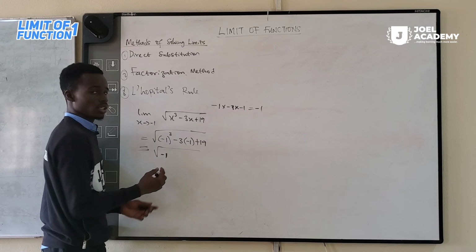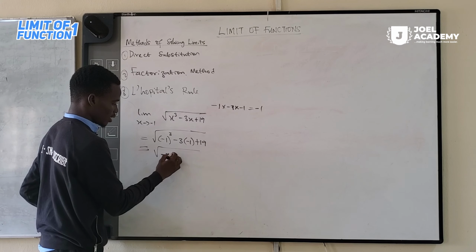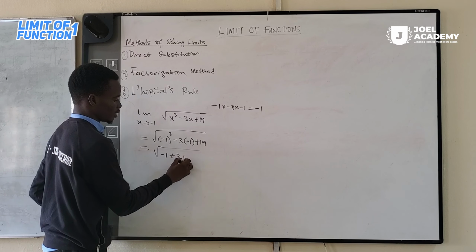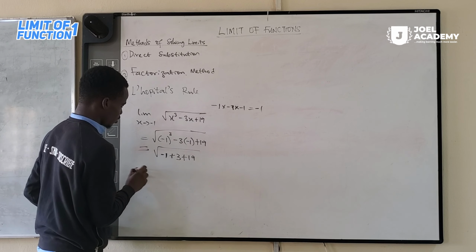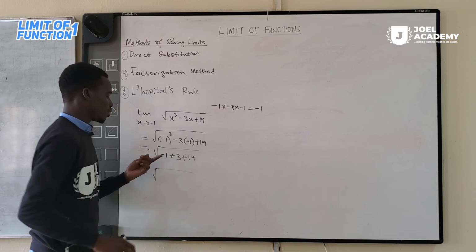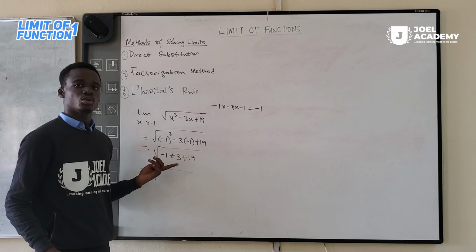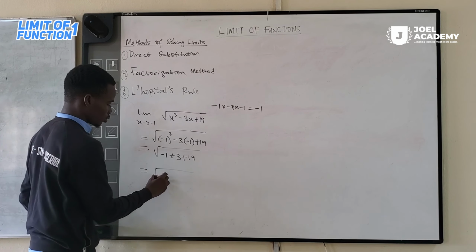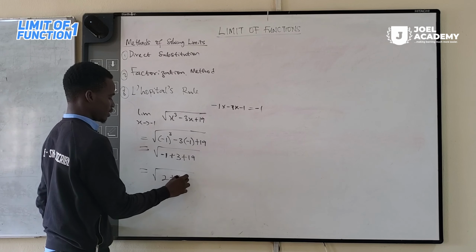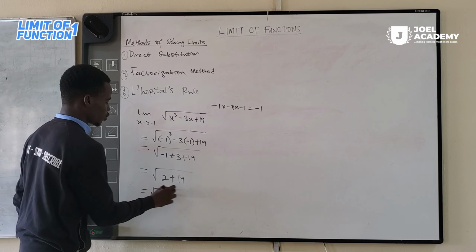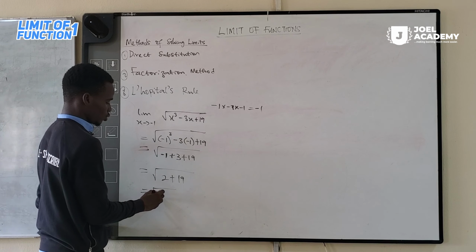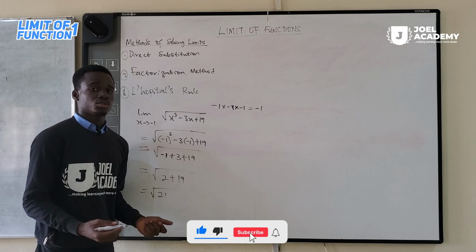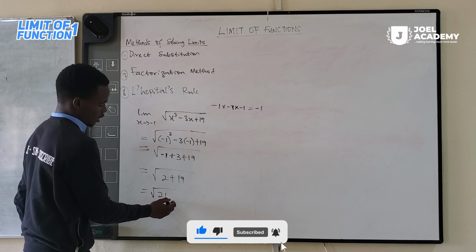Minus times minus gives positive, 3 times 1 is 3. Then we have plus 19. So we have the square root of minus 1 plus 3 plus 19. You owe somebody 1, you have 3. When you pay up the 1 you're owing, you're left with 2. 2 plus 19 is 21. Square root of 21 will be our answer.